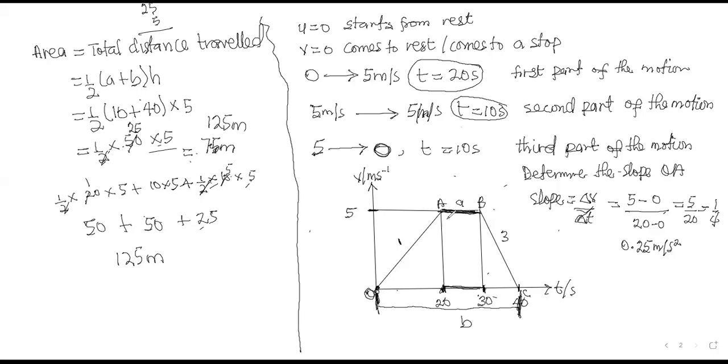No. For a trapezium, it is the two parallel sides. This side is parallel to this side. And the height must always be perpendicular to both parallel sides, which can be this or this.